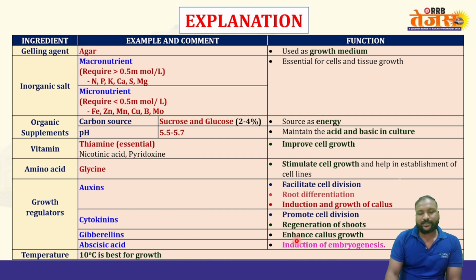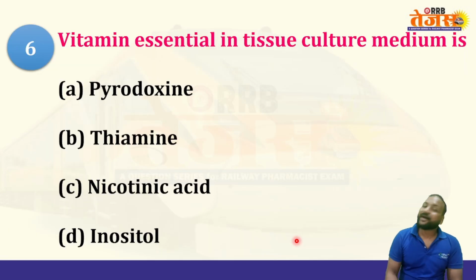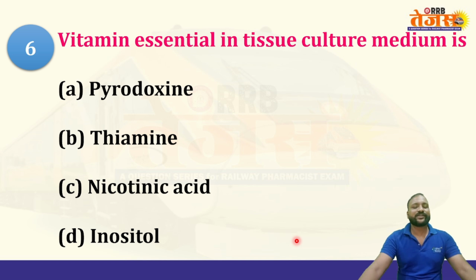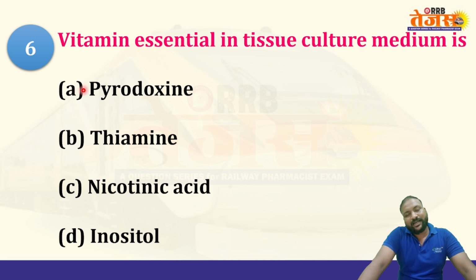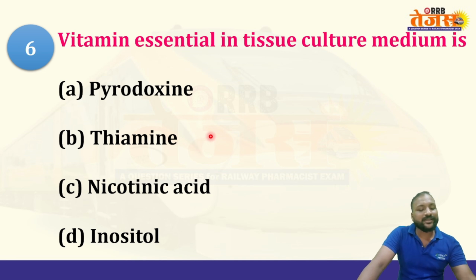Yes, so the next question in this series is: the vitamin essential in tissue culture medium is. Just now I have said about vitamins and hormones. Option A, pyridoxine, option B, thiamine, option C, nicotinic acid, and option D, inositol.